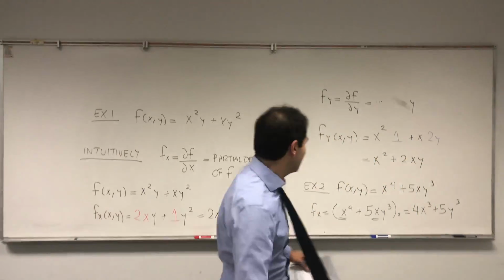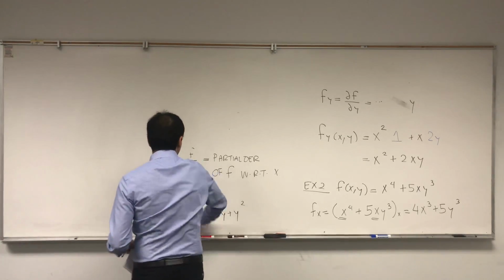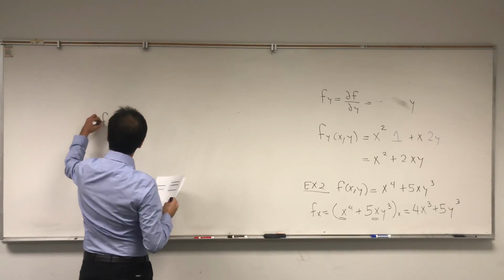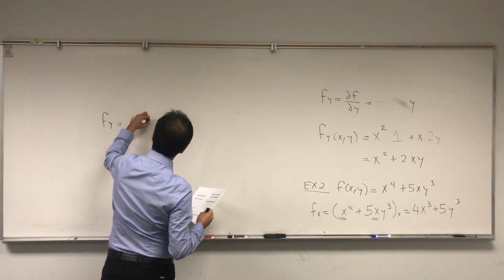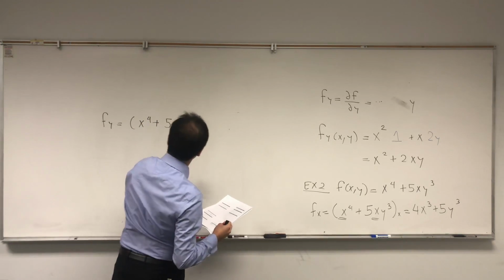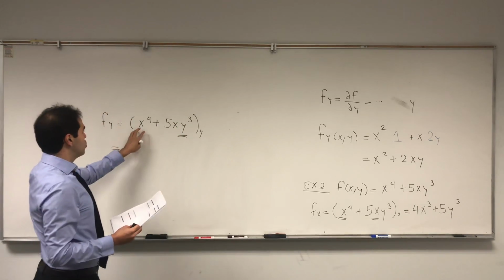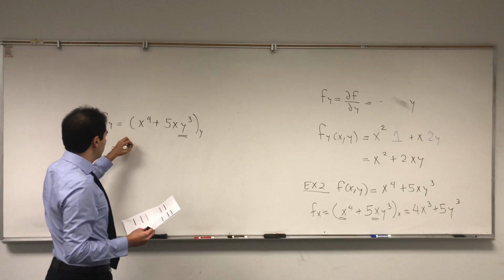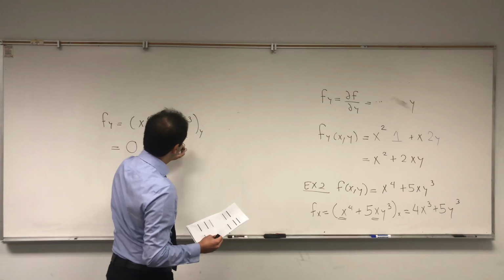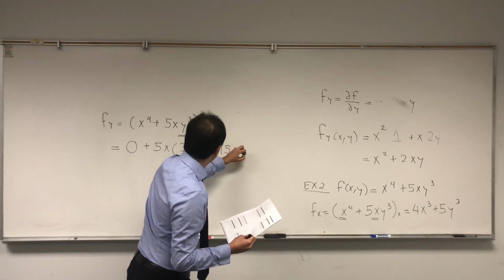And you can also do this with respect to y. So then f_y, that's x to the 4th plus 5xy cubed with respect to y. Well, the only y here is in y cubed, so if you differentiate this with respect to y, you get 0, and then you get 5x, and then 3y squared, and we get, I think, 15xy squared.